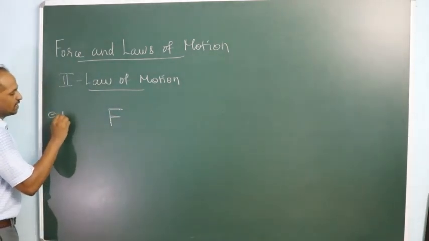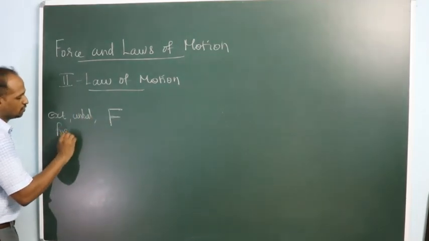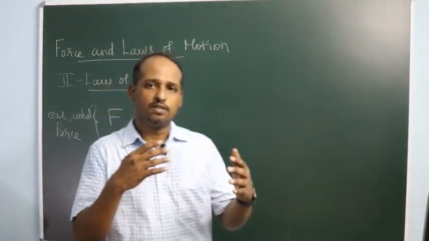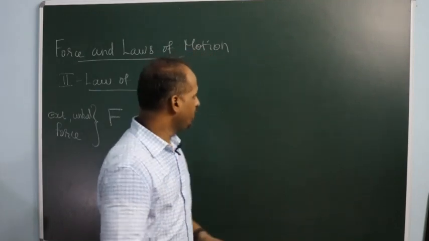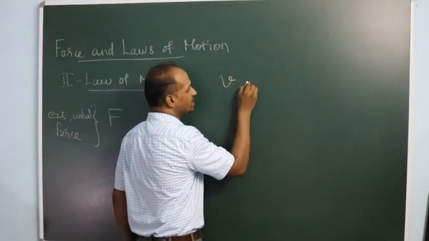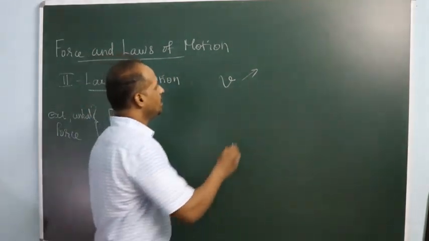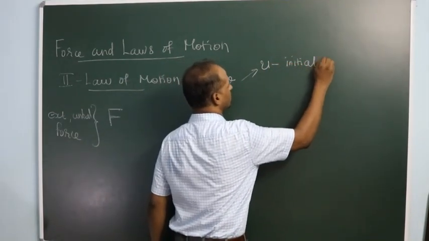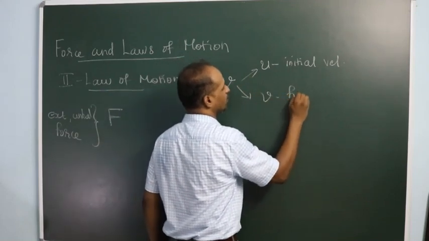So external unbalanced force F. Suppose you want to change the velocity of the object. We usually had two notations for velocity: u for initial velocity and v for final velocity.